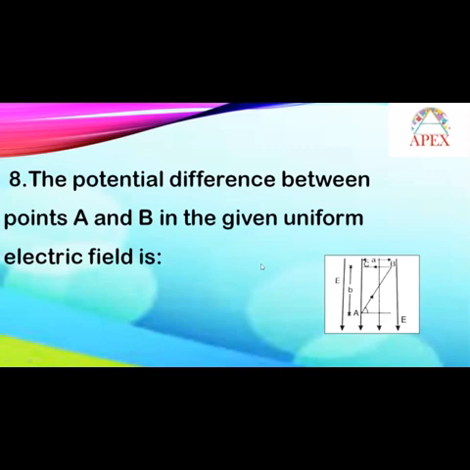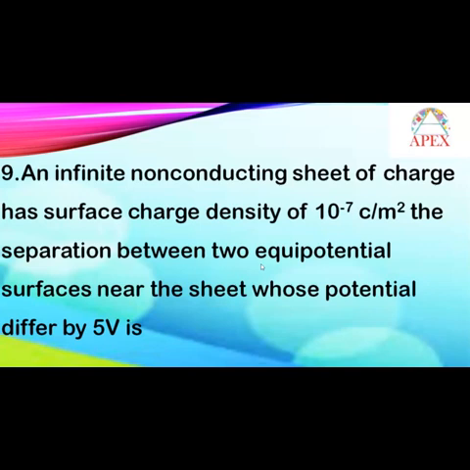Next, question number 9. An infinite conducting sheet of charge has surface charge density of 10 power minus 7 coulomb per meter square. The separation between two equipotential surfaces near the sheet whose potential differs by 5 volt.